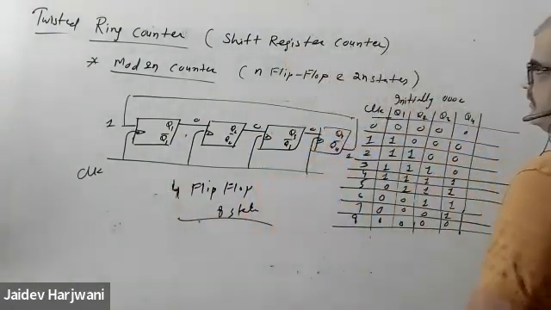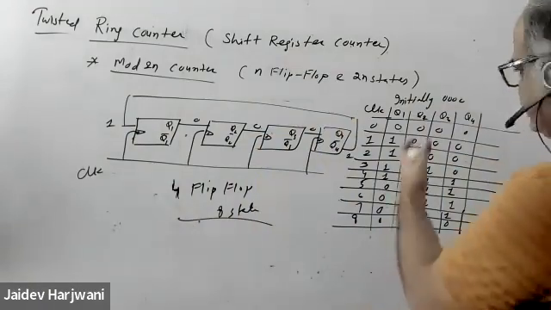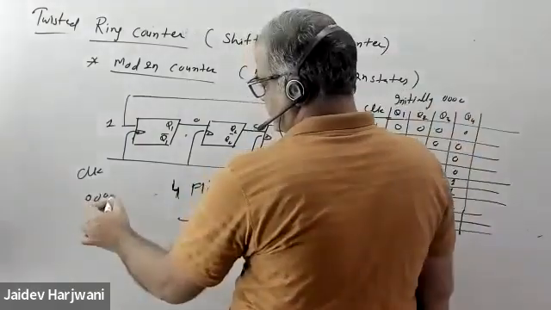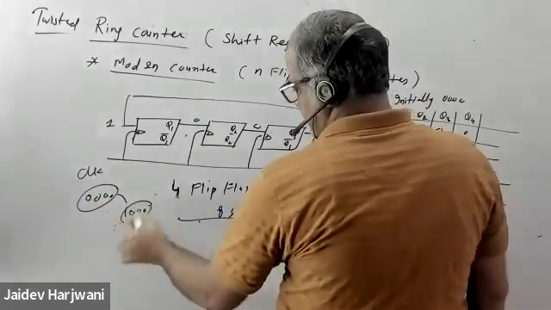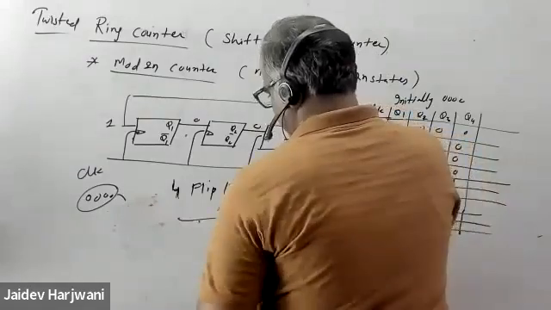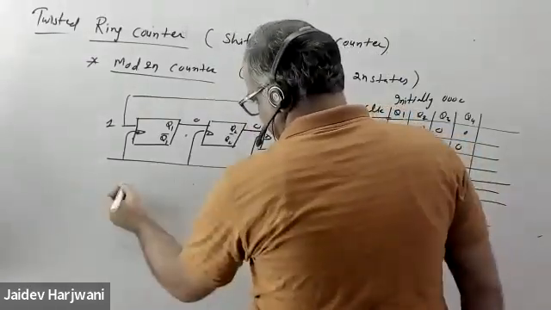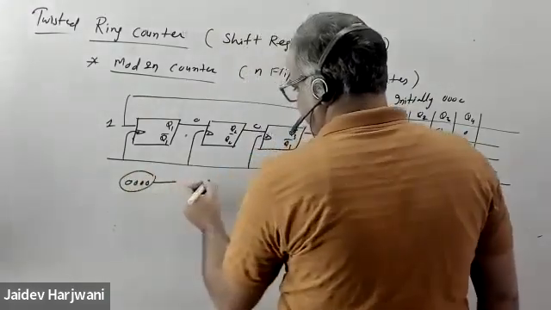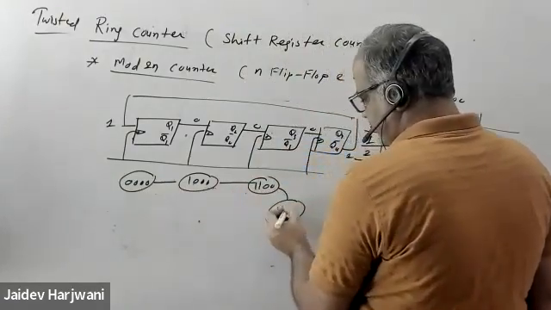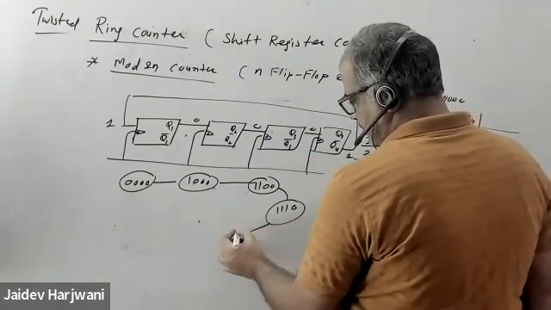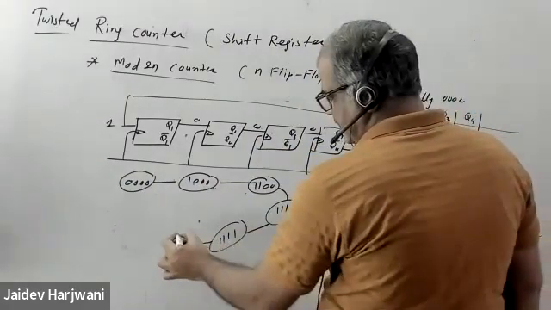Now you can draw the state diagram also. The first state is your 0 0 0 0, the second state is 1 0 0 0, then you have 1 1 0 0, then 1 1 1 0, then 1 1 1 1, then 0 1 1 1, then 0 0 1 1, then 0 0 0 1, and then finally you return to the first one.